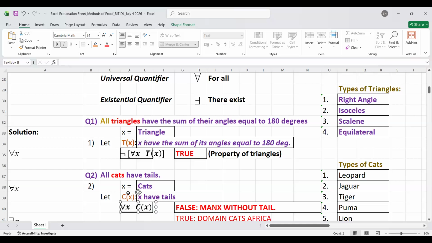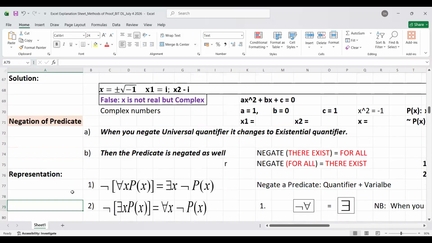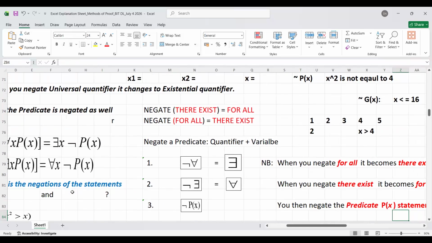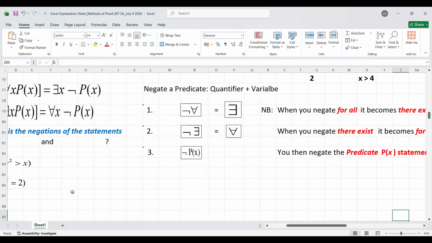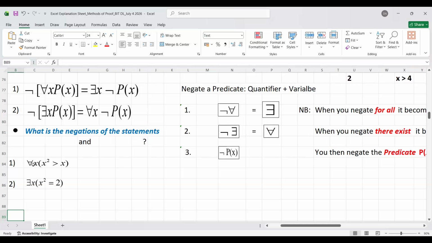When I negate for all x, C of x, all cats have tails, what will it be? There are cats without tails. Good. So now let's restrict our questions to just mathematical equations or inequalities. If I give you a question like this, for all x, number one, for all x, this one.